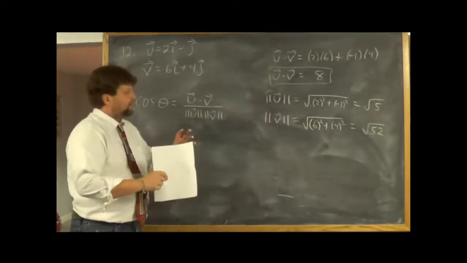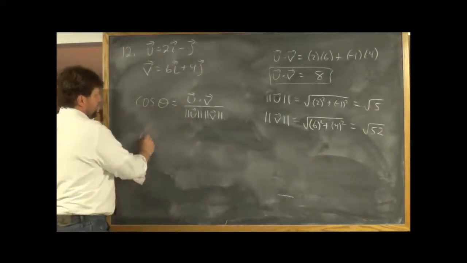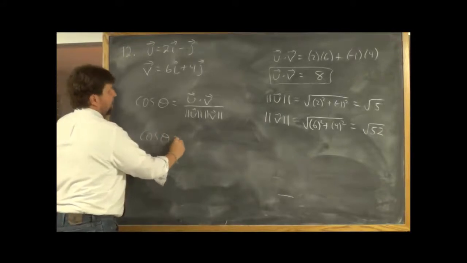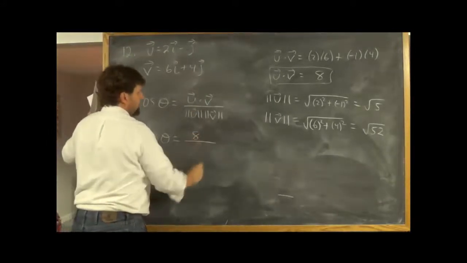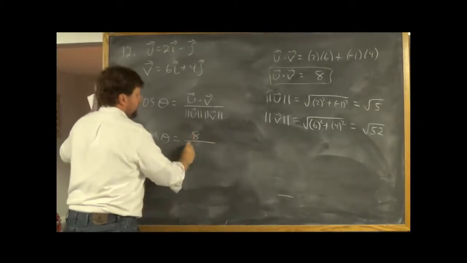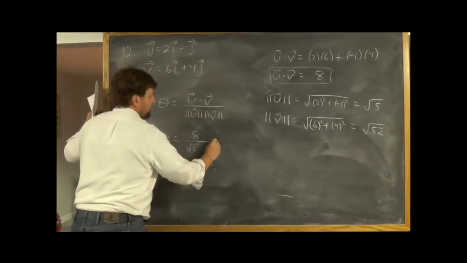So we have all the parts and pieces for this formula. We just substitute in, and we have cosine of theta is u dot v, which we found to be 8, over the magnitude of u, which is the square root of 5, times the magnitude of v, which is the square root of 52.